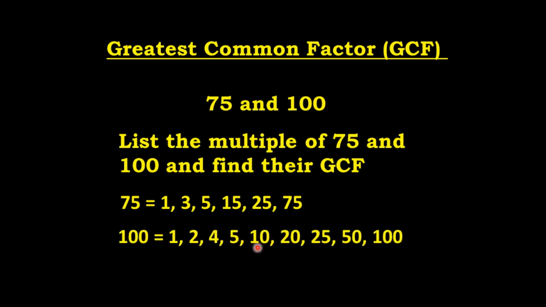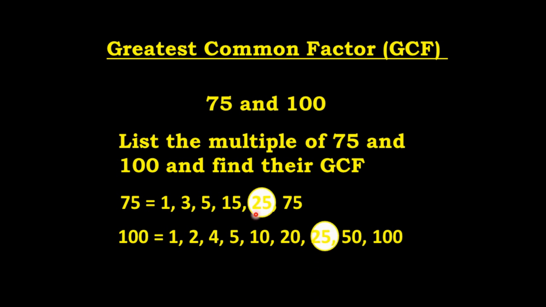And these are also the factors of 100. Now, let us find their GCF, the greatest common factor. We look for the common numbers in 75 and 100. So we have here 5 and 25, but we will choose the greatest one. So we will choose 25.